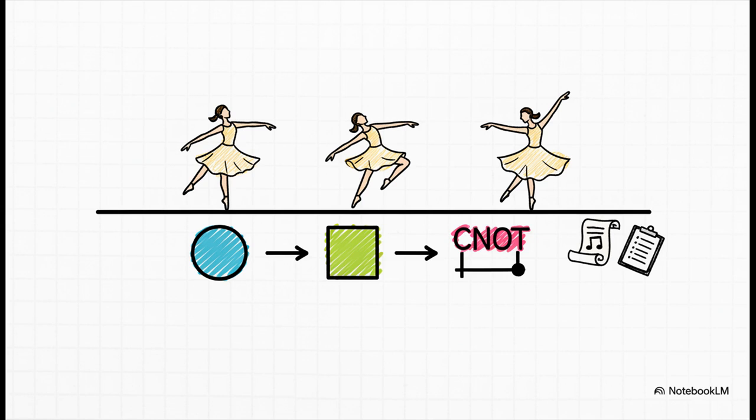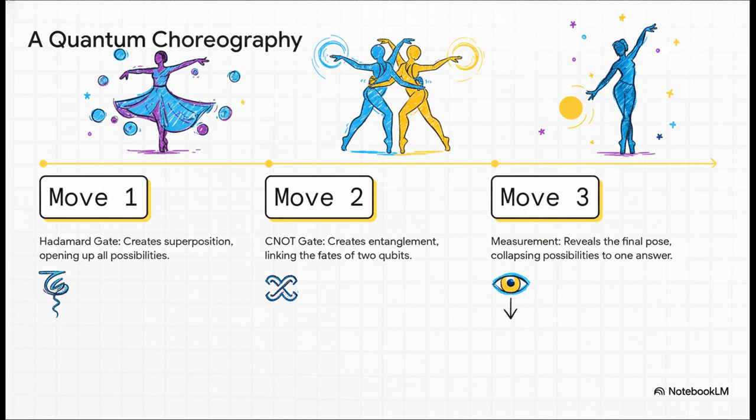It's the blueprint that lays out the exact sequence of gates, telling our qubits precisely how to dance to solve a specific problem. And here's a super simple example of what that choreography might look like. First, you start with a Hadamard gate to open up all the possibilities. Then, you might use a CNOT gate to link the fates of two qubits together. And finally, after the whole dance is done, you take a measurement to see the final pose.